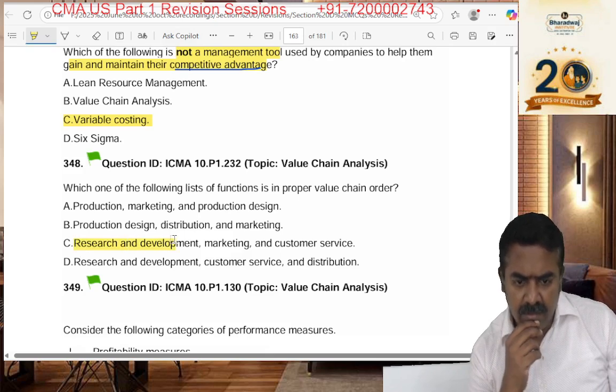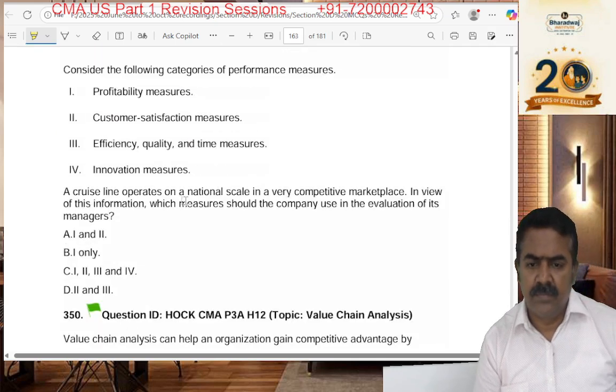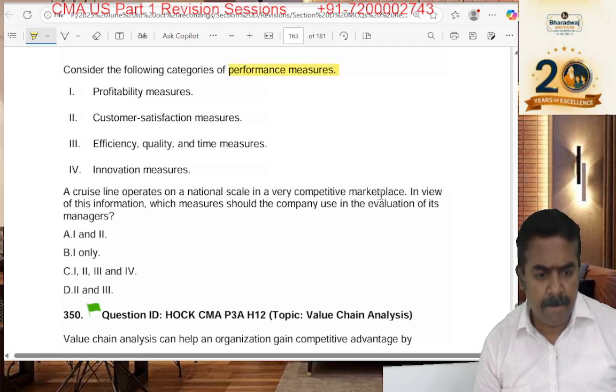R&D, marketing, and which one? Customer service. Correct. Performance measures are given. For evaluating the managers, which one should be used here?